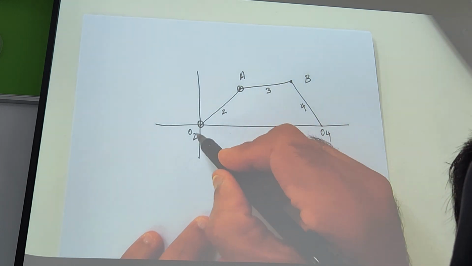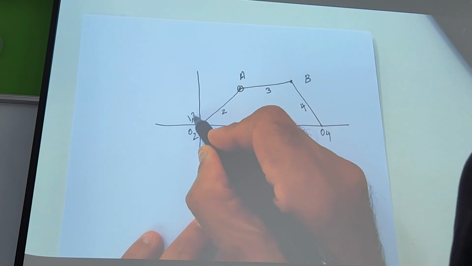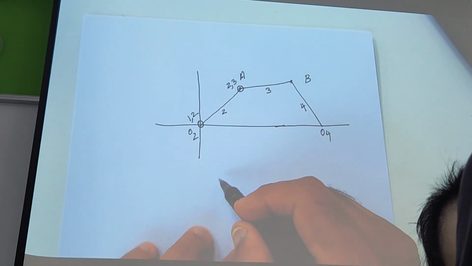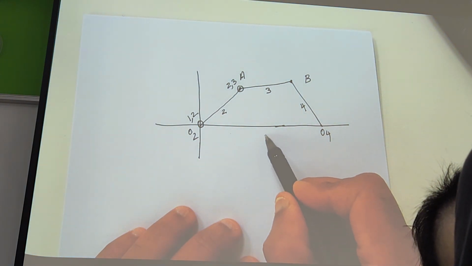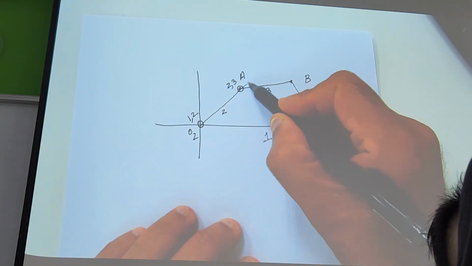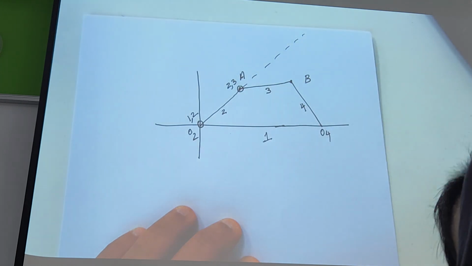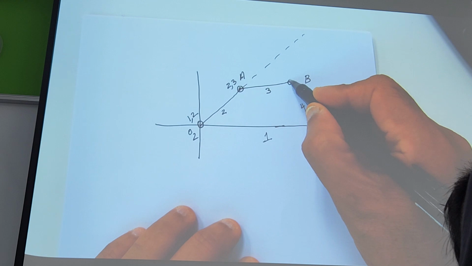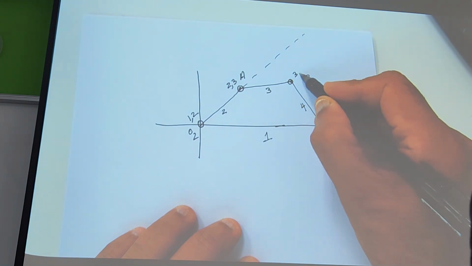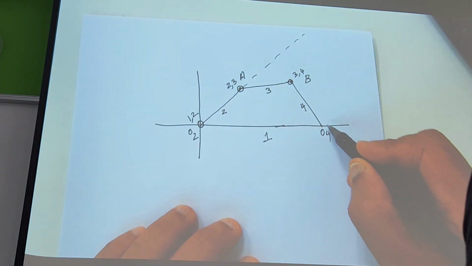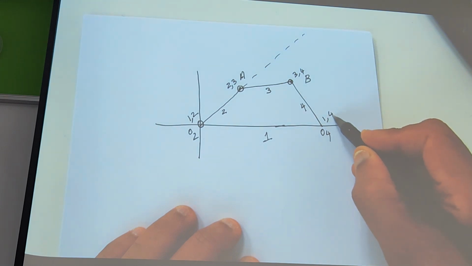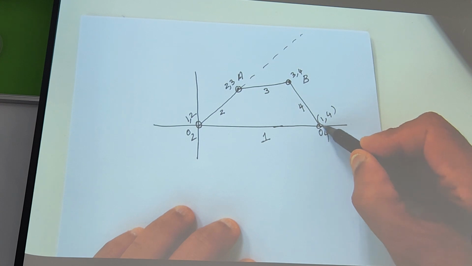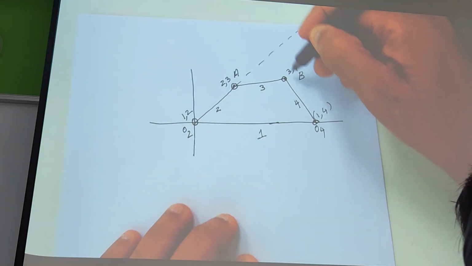Now we know this is instantaneous center 1, 2, and this is instantaneous center 2, 3. The instantaneous center for 1, 3 will lie on this line. This will be instantaneous center 3, 4, and this will be instantaneous center 1, 4. So there will be another instantaneous center 1, 3 on this line.